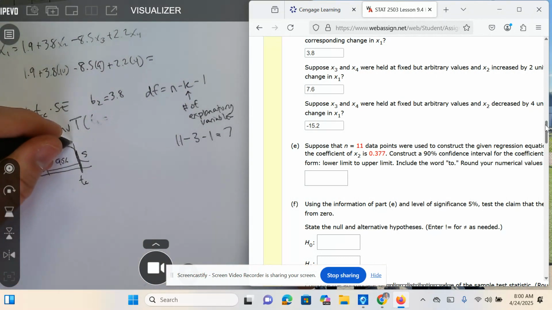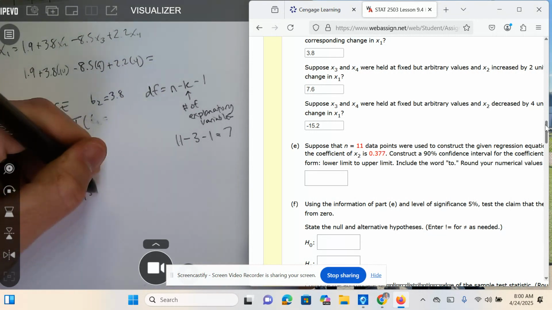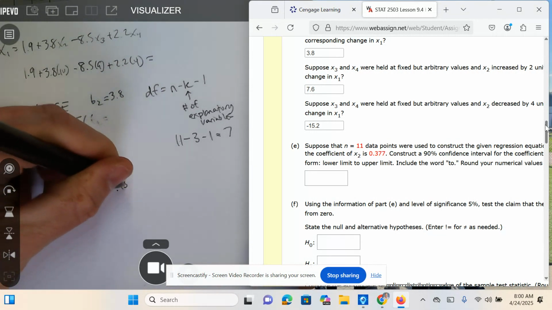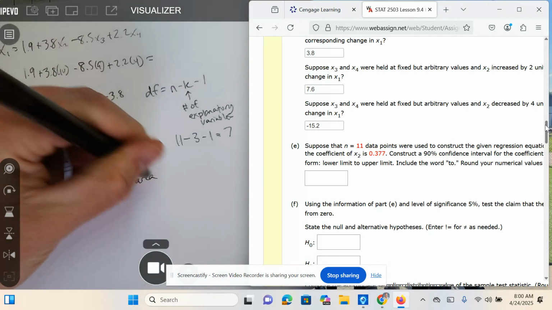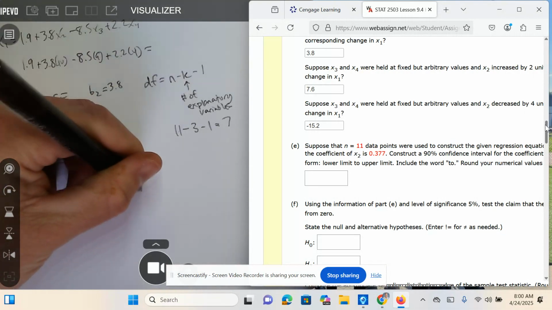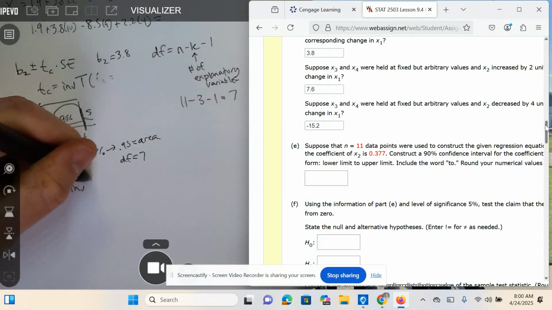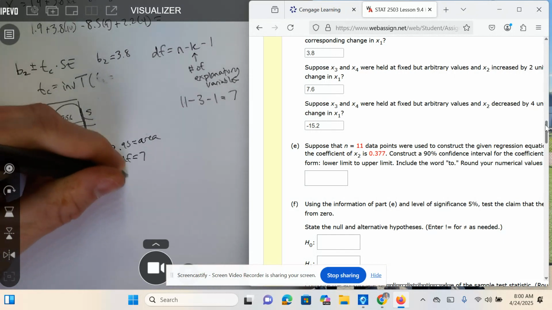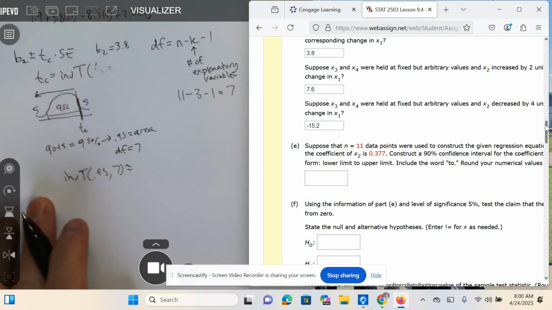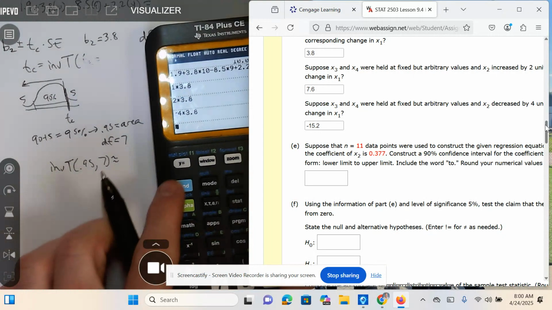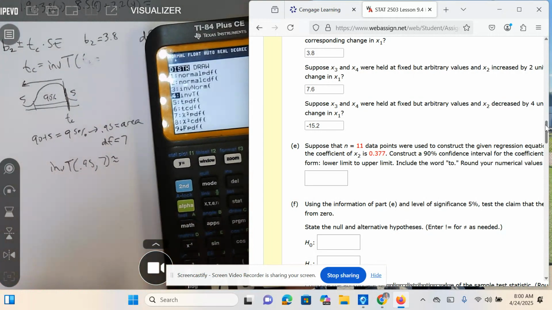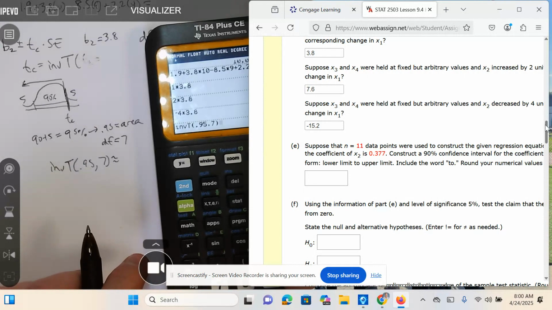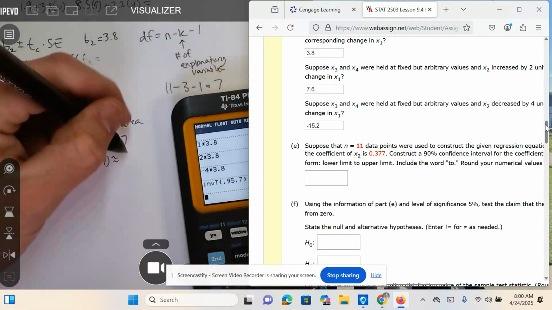So I'm wanting at this point and below. So that would be 95%, 0.95 would be your area. And your degrees of freedom is 7. So inverse t at 0.95, 7. Okay. 1.895.